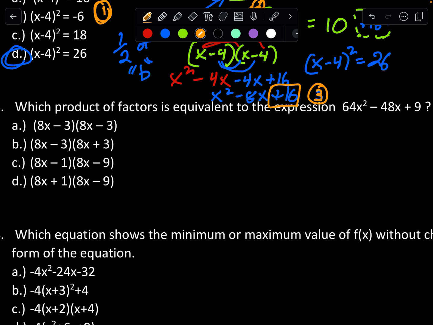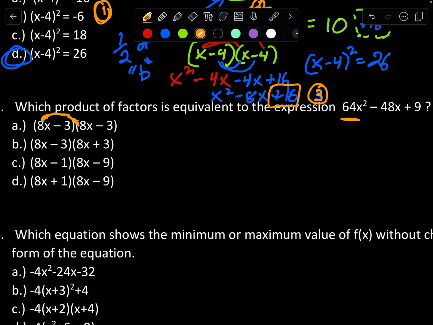Well, this looks to me to be a perfect square trinomial, meaning that I can multiply the same binomial factor by itself and get the trinomial. I know the 8x times the 8x is going to equal 64x squared.